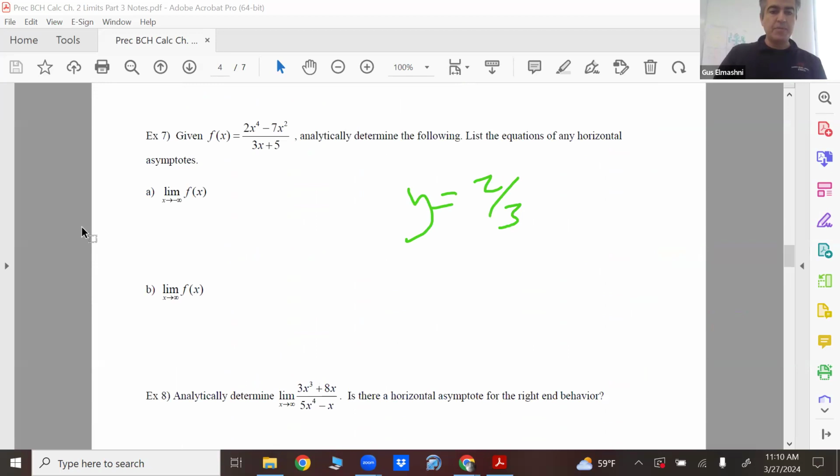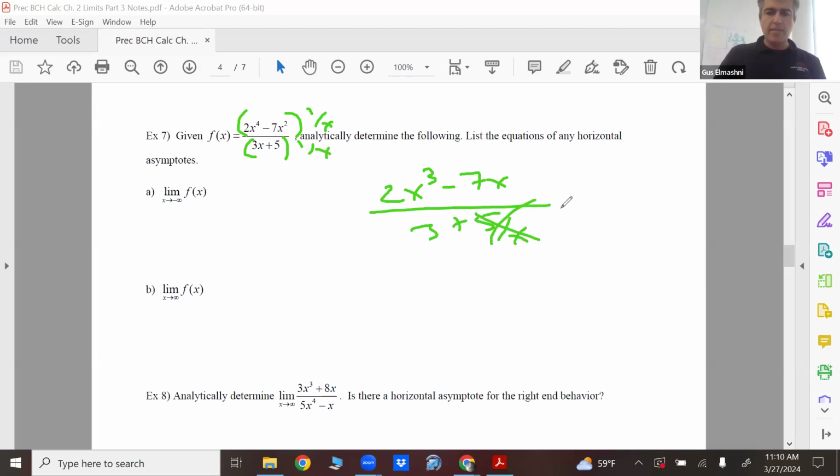So for example 7, what I'm going to do here is multiply top and bottom by 1 over x. So you always do it to the highest power of the bottom. So it's 2x cubed minus 7x over 3 plus 5 over x.